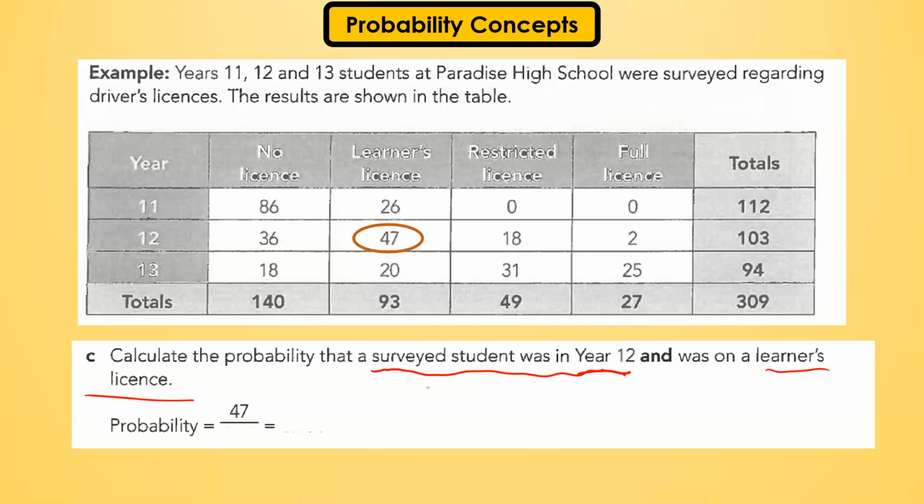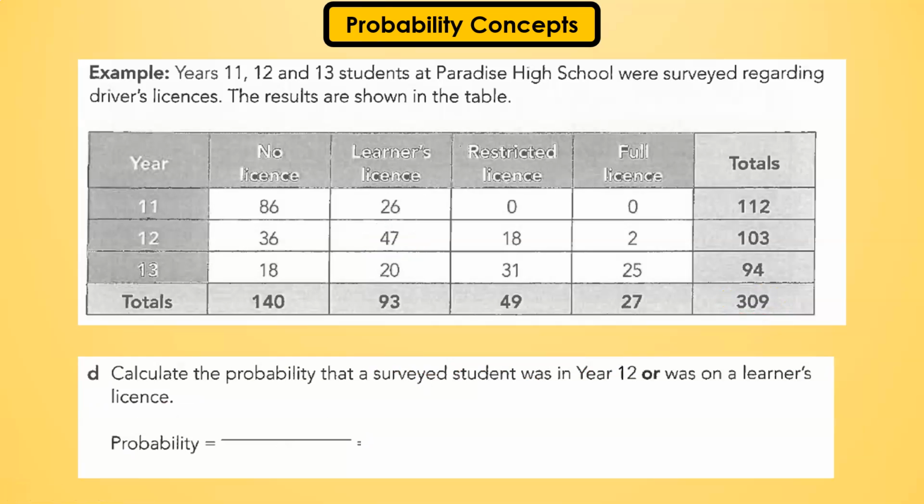So in this case, it's 47 out of 309, and we end up with 0.1521.